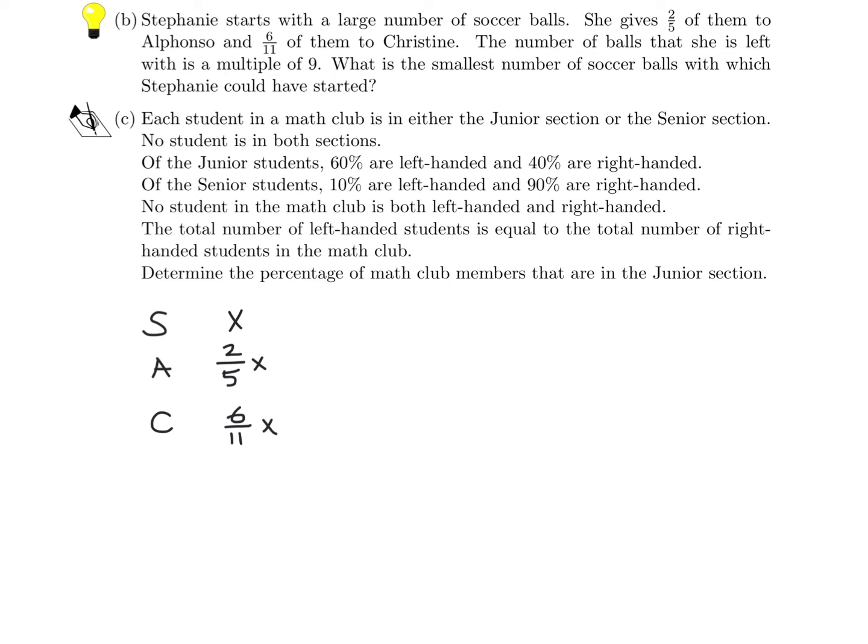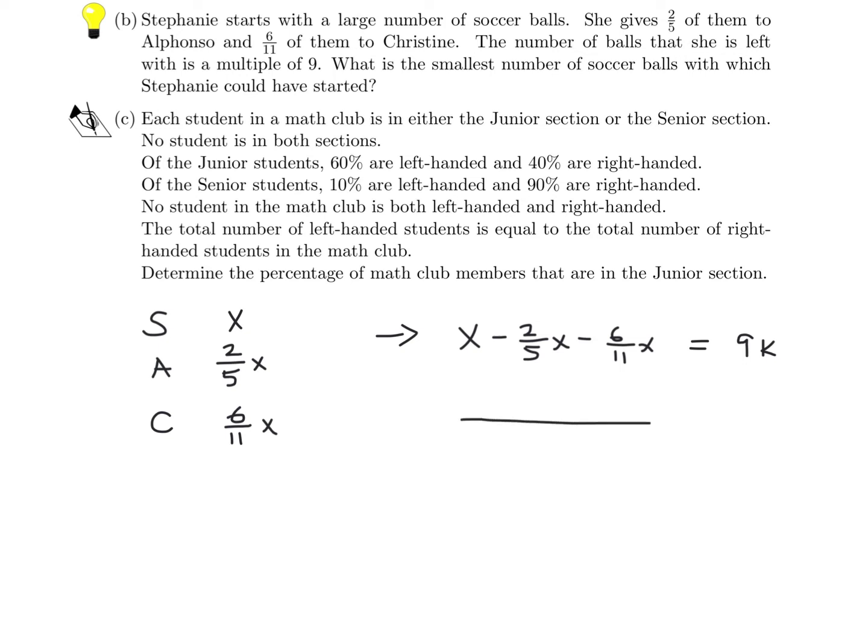So after she gives this, what she has remaining is x minus 2/5 x minus 6/11 x, right? What she gave to Alfonso and what she gave to Christine. And they're saying that number that's remaining is a multiple of 9, so it's 9k. Okay, so let's do this math here.